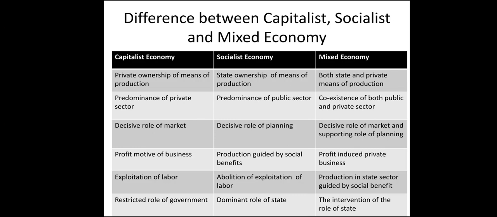This we just now talked about, that capitalist economy is basically based on price mechanism and profit motive is of prime importance. The private owners basically work for profit motive, and because of that many times they produce those goods which are more profitable instead of producing essential products.